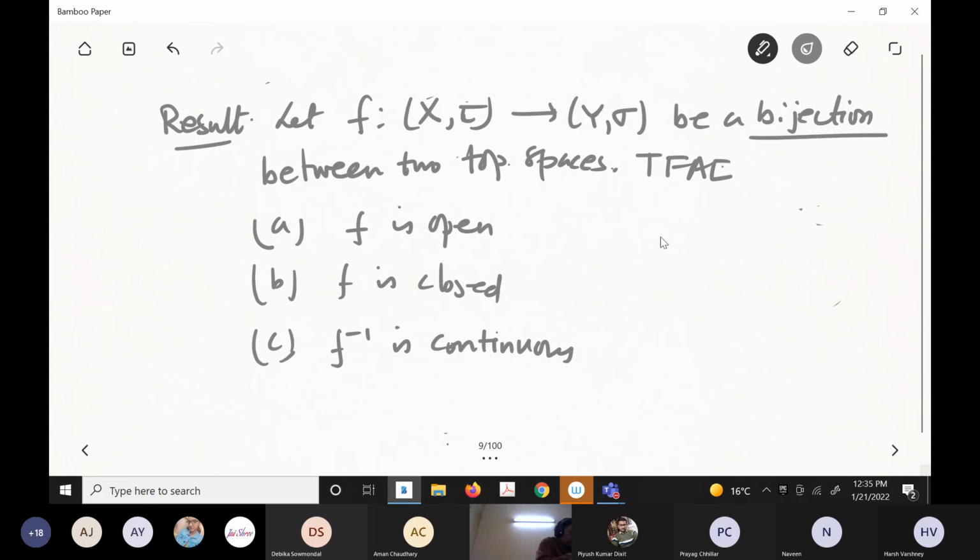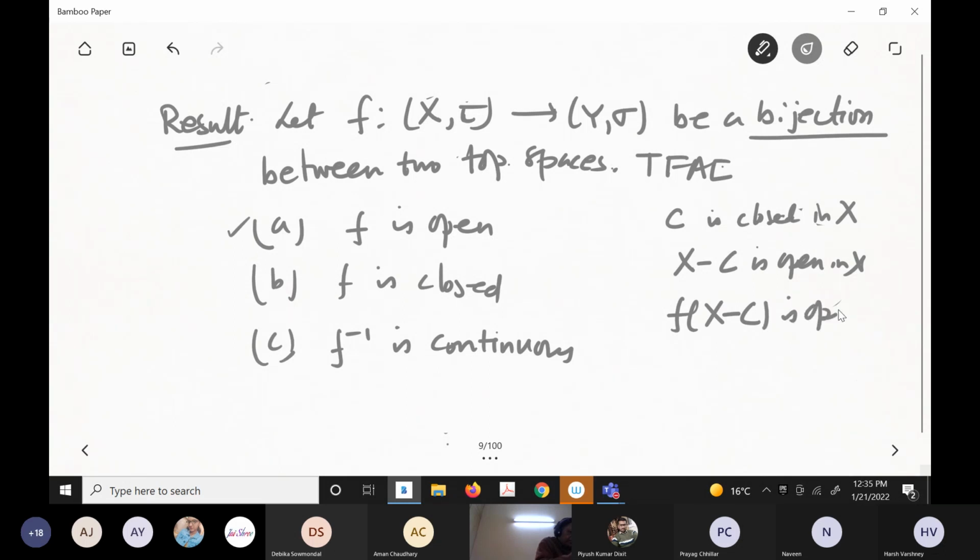So from A, open to closed, you see, if you take C closed, suppose C is closed, don't confuse it, that sometimes I've taken it closed in Y, closed in X, then X minus C is open in X. If you have A, then f(X minus C) is open in Y, but this is a bijection. This is f(X) minus f(C), which means Y minus f(C). So Y minus f(C) is open. That means f(C) is closed.